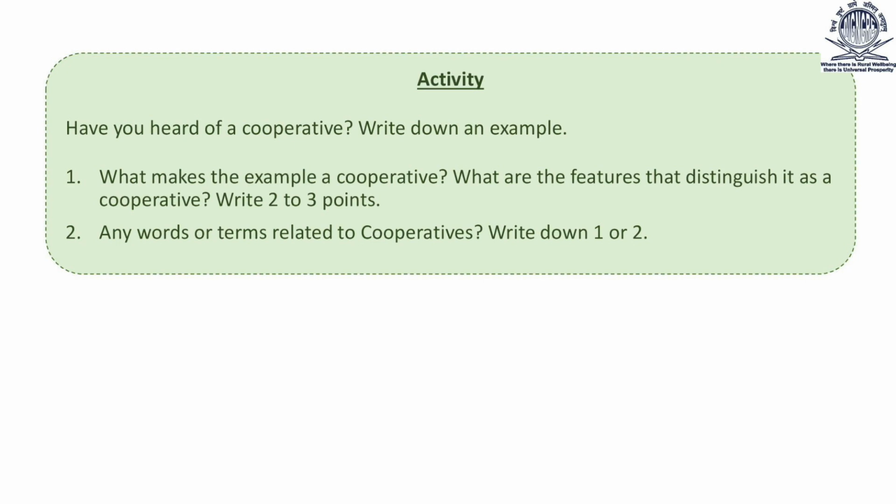What are the features that distinguish it as a cooperative? Write the points that you can think of, at least 2 or 3. Second, are there any 1 or 2 words or terms that you can think of which can be related to cooperatives? Write these down. Pause for a few minutes and note down your responses.